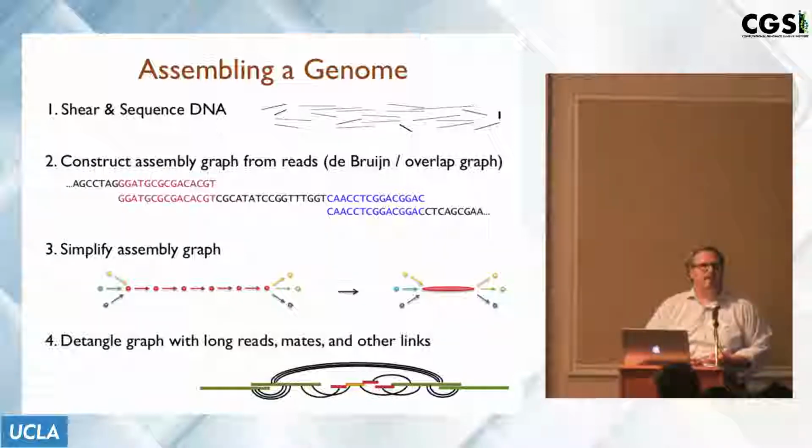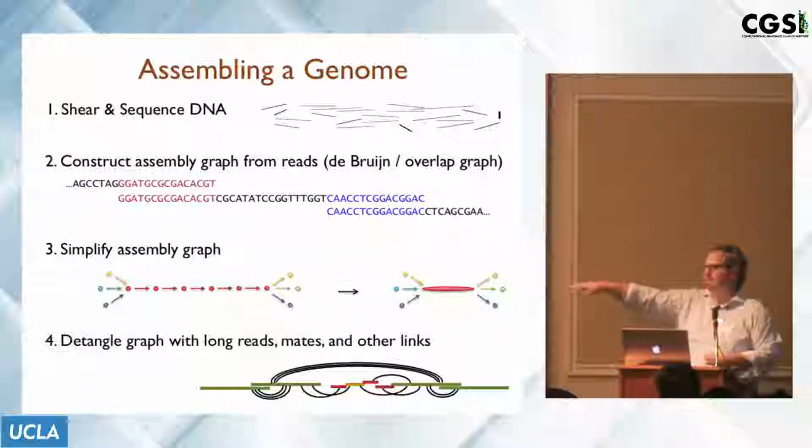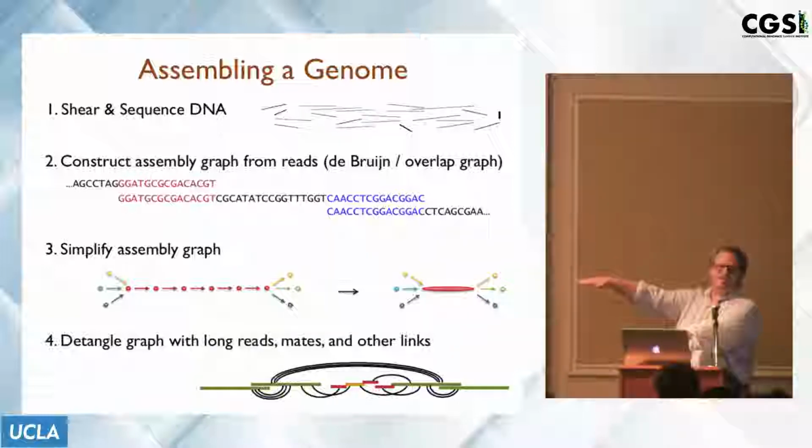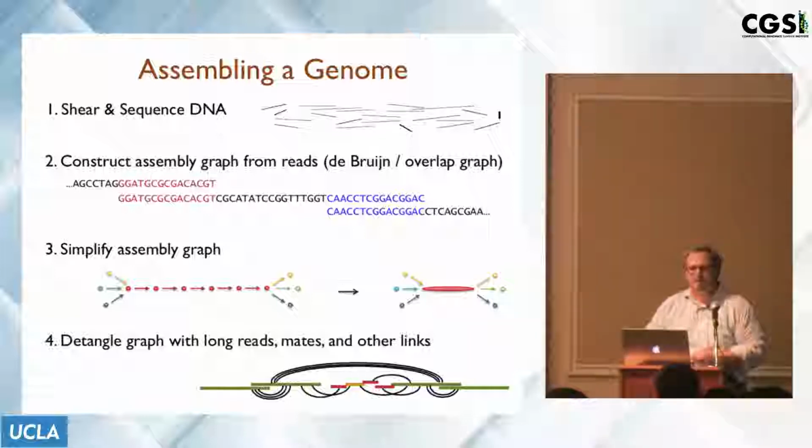Another popular graph all starts with overlaps. Especially as we're looking at long read technology, where we have a 10,000 base pair read and another 10,000 base pair read, it's a little bit crazy to chop up 10,000 base pair reads into 25-mers. So let's look more directly to compare those reads to each other, try to find those long overlaps. That'll build you a graph of read 1 overlaps read 2, overlaps read 3, overlaps read 4.